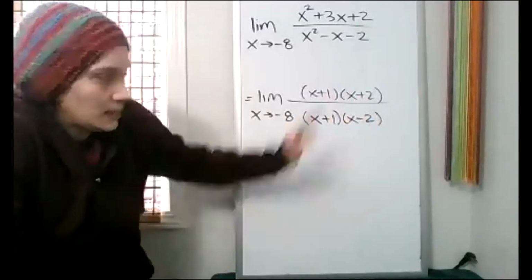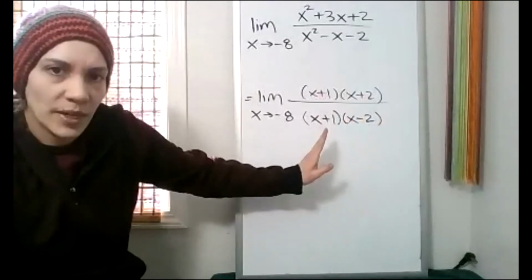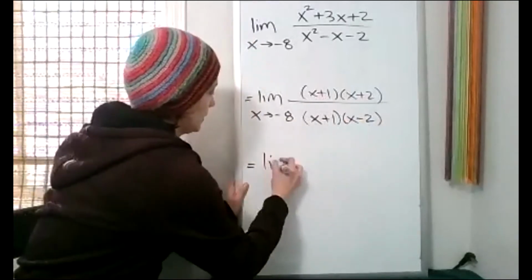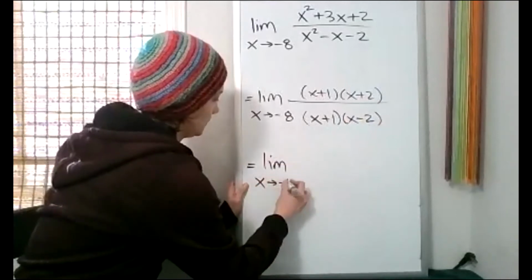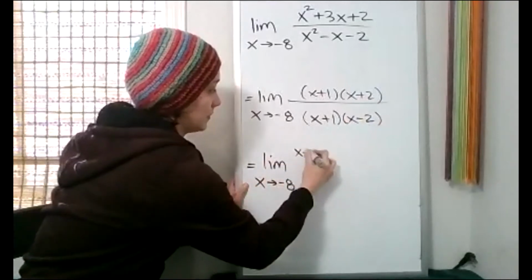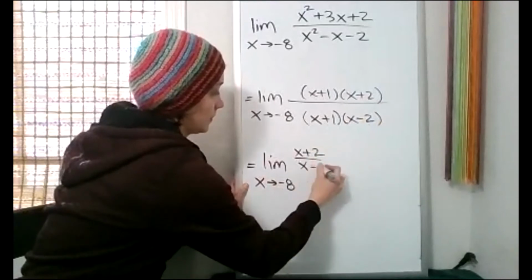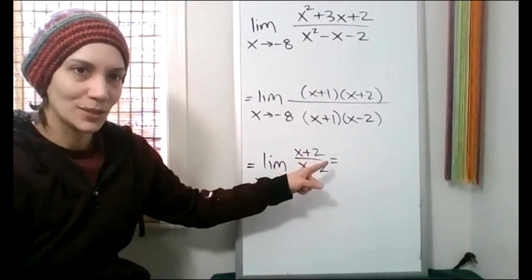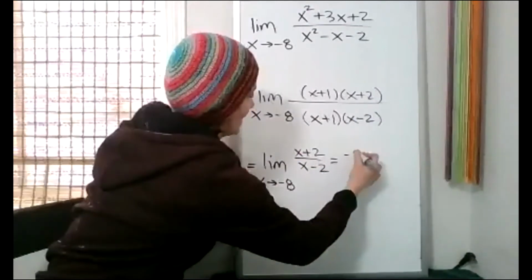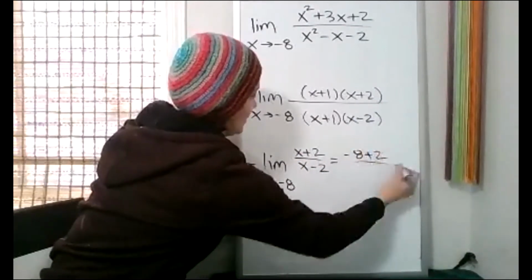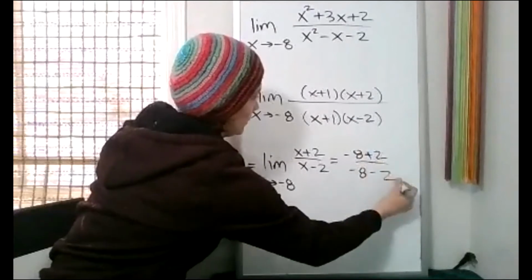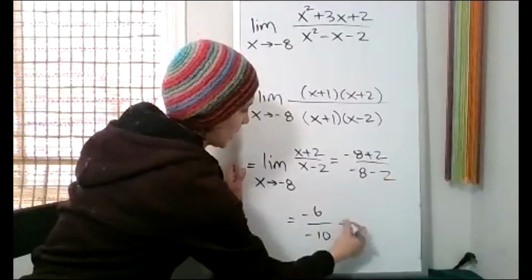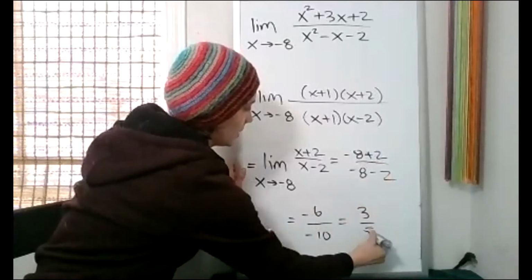And then x plus 1 over x plus 1 is going to reduce. Let's take the limit. -8 plus 2 over -8 minus 2. So it's -6 over -10, positive 3/5.